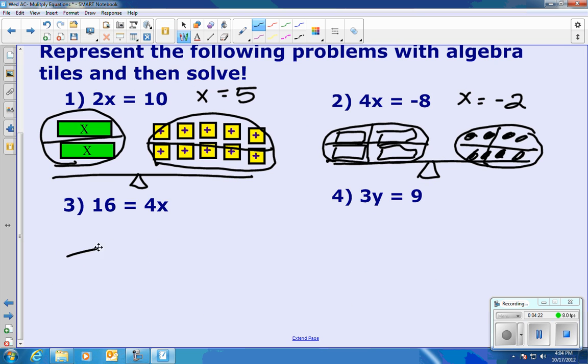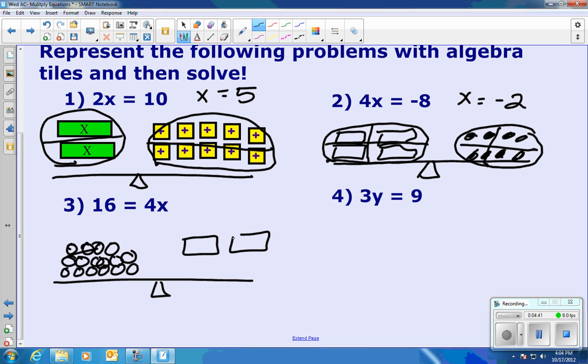Then I have 16. And I have 4 x's. So again, I'm going to take these 4 and split it into 4 groups.